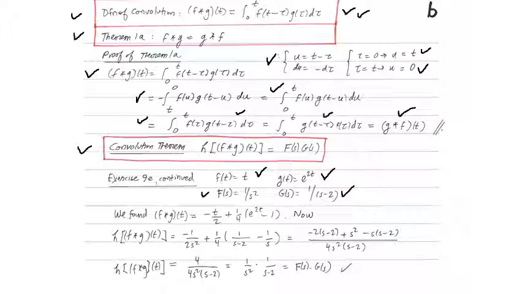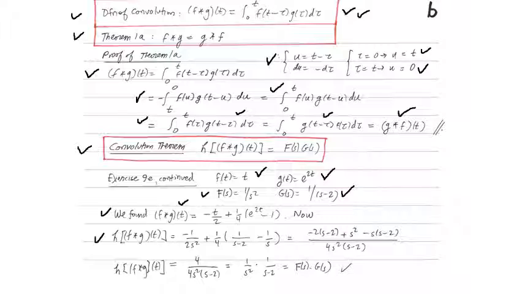In the solution of exercise 9e, we calculated the convolution and we ended up getting this expression for the convolution of those two functions. And now, as an illustration of the convolution theorem, I'm going to take the Laplace transform of that expression and see what happens.